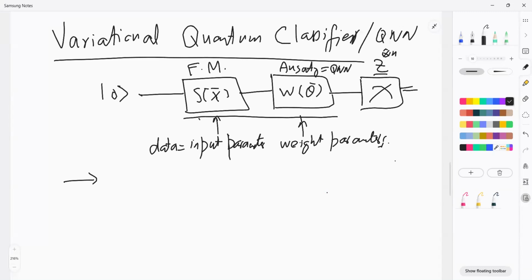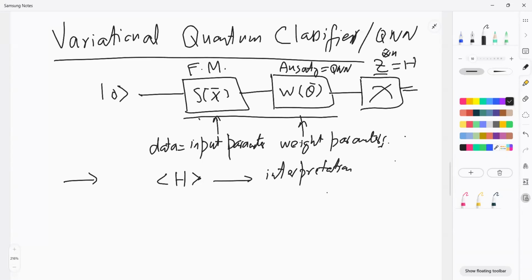Once we have a particular Hamiltonian, we need to compute the expectation of this observable H. Based on this expectation value, we can have some interpretation for when to assign a label.